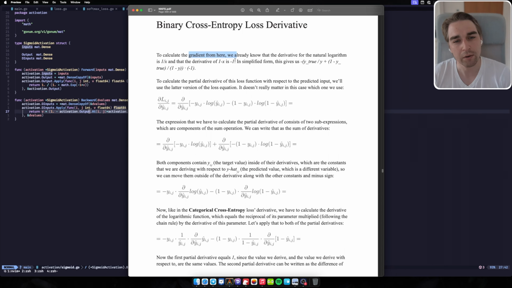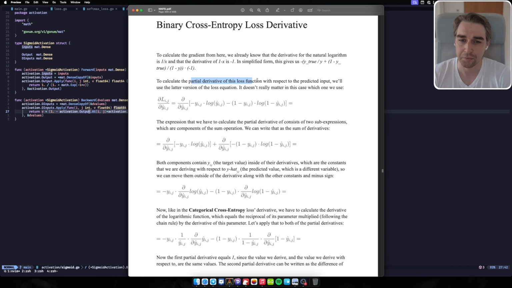To calculate the gradient from here, we already know the derivative of the natural logarithm is 1 divided by the value, and the derivative of 1 minus x is minus 1. To simplify the form, this gives us true probability divided by the predicted probability plus 1 minus true probability divided by 1 minus predicted probability, all multiplied by minus 1.